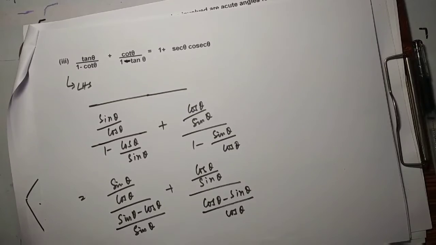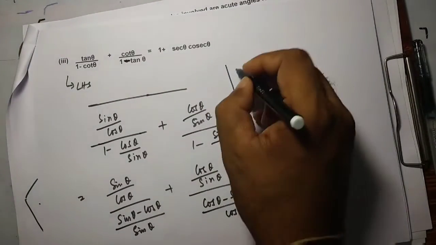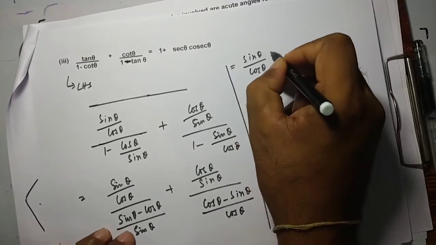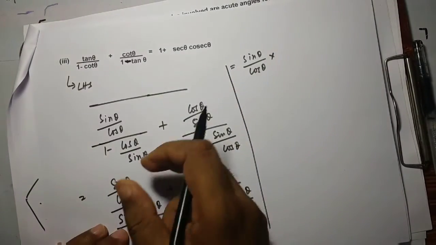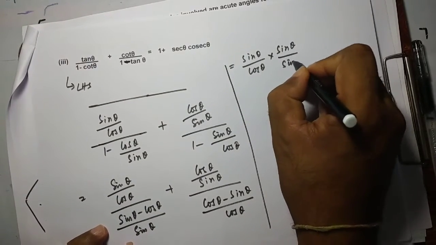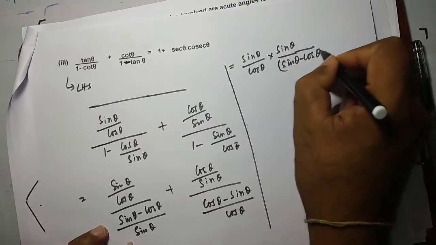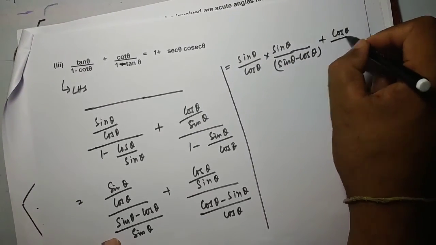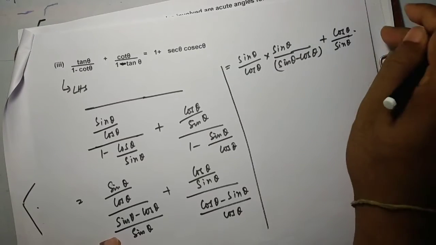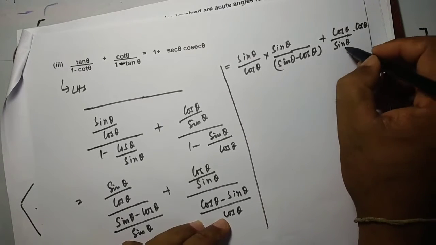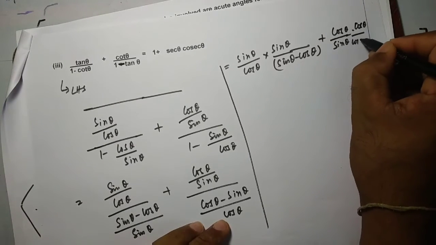Okay, so equal to sin theta over cos theta. Then this will be multiplicative, it will just revert, sin will be on the top, so sin theta over sin theta minus cos theta, and here cos theta over sin theta, it will revert, cos theta will be on the top and the bottom will be cos theta minus sin theta.